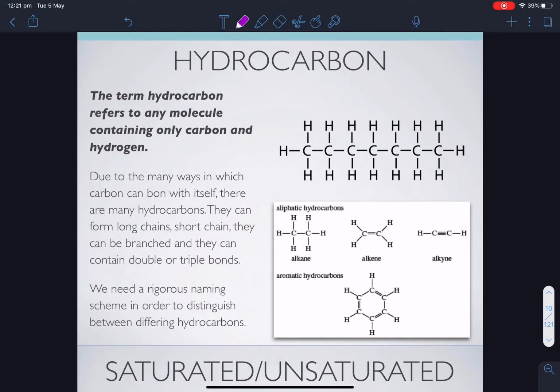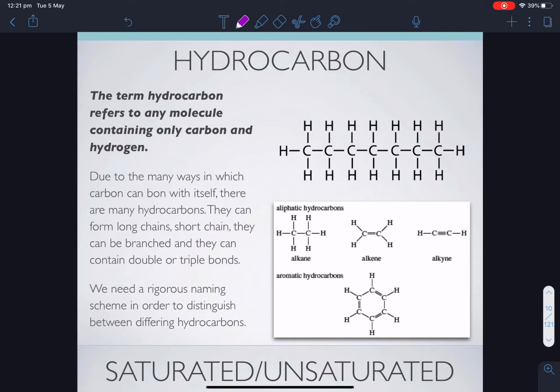They can be really, really long chains. They can have double bonds. They can have triple bonds. They can make a ring. They can be branched. Because of all these different combinations and possibilities, we need a rigorous naming scheme in order to distinguish between them.